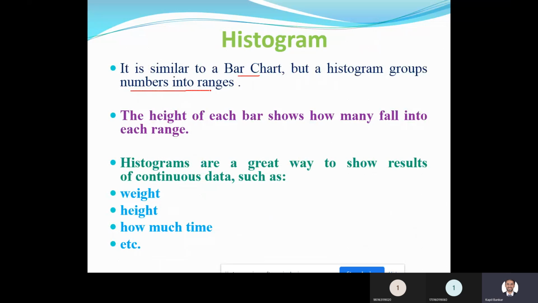Please keep in mind, in a histogram you must create ranges, meaning 10 to 20, 20 to 30, 30 to 40, likewise. The height of each bar shows how many fall into each range. Histograms are a great way to show the results of continuous data such as weight, height, and time.